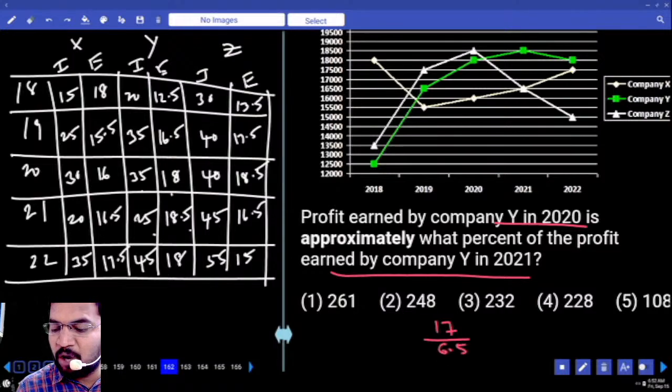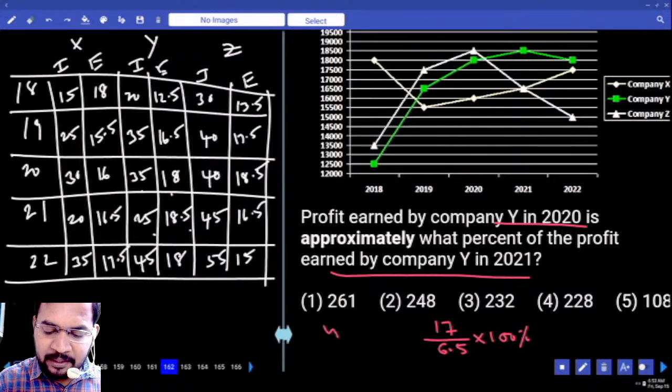Therefore 17 is how much percentage of 6.5? 100 percent is 6.5, 200 percent is 13. Still I need 4. 4 by 6.5 is simply written as 16 by 26.